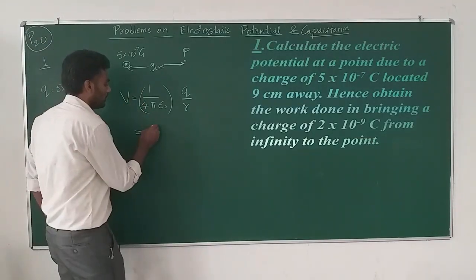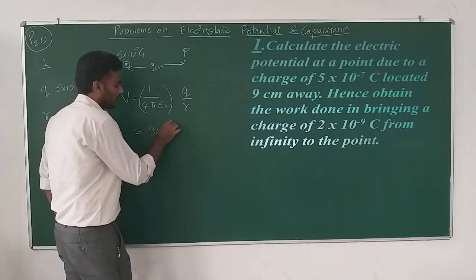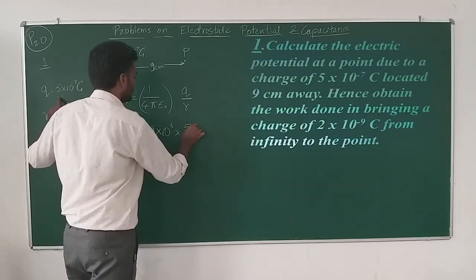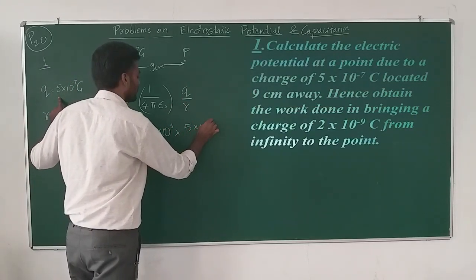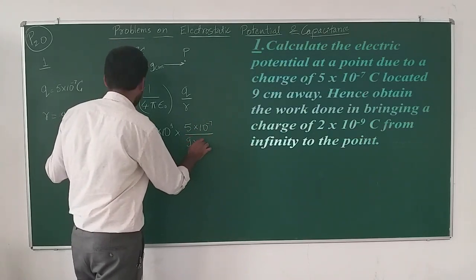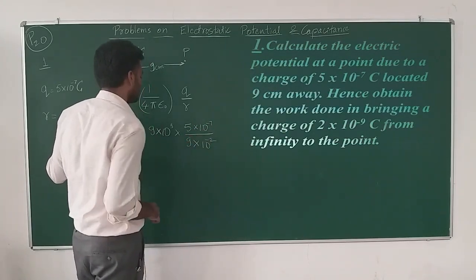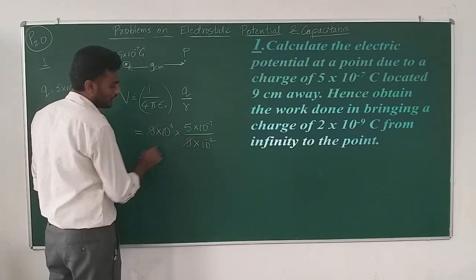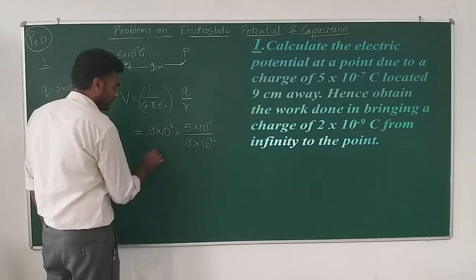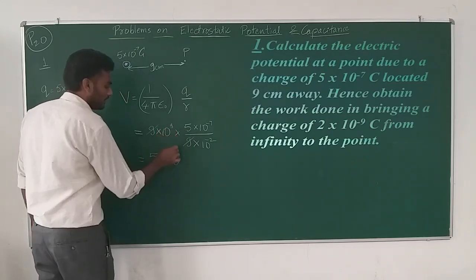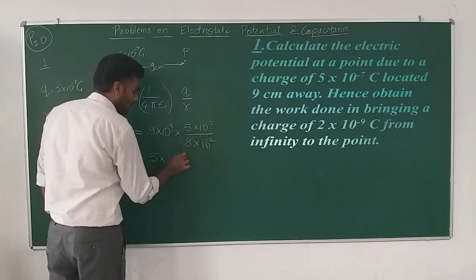1 by 4 pi epsilon naught is 9 into 10 to the power of 9, into Q which is 5 into 10 to the power of minus 7, divided by R which is 9 into 10 to the power of minus 2. Simplify this: 9 cancels. What is left is 5 into 10 to the power of 9 minus 7.